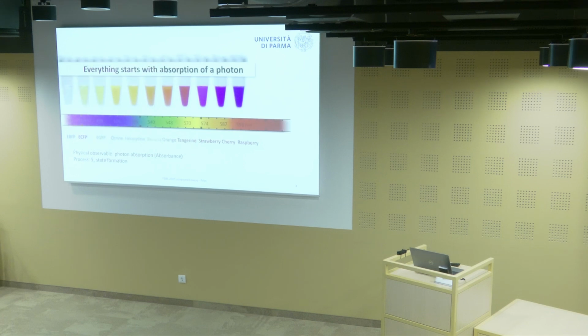In these molecules, everything starts with absorption of a photon. Here is a famous picture depicting different colored fluorescent proteins. Here the physical observable is photon absorption, but we normally call it absorbance in a spectrophotometer. And what we watch is S1 or Sn formation.